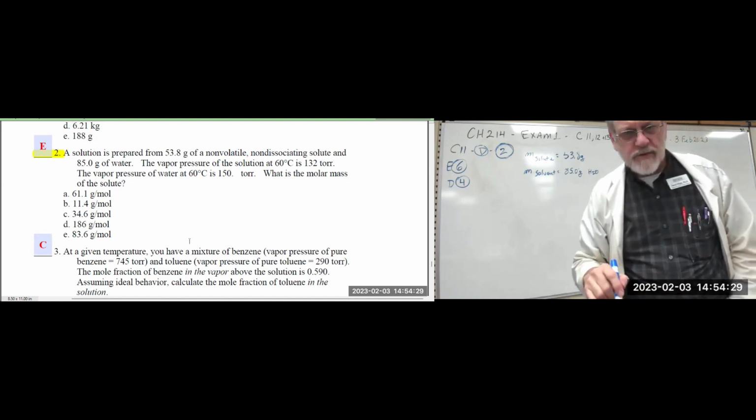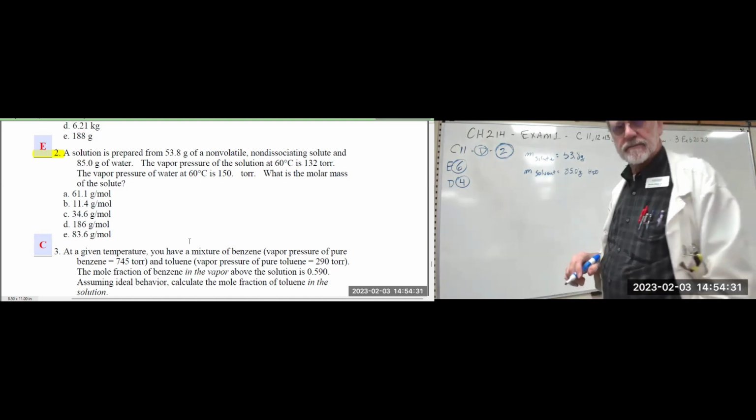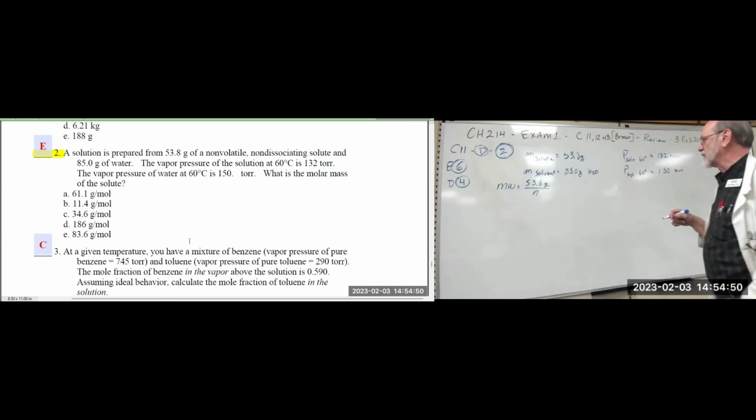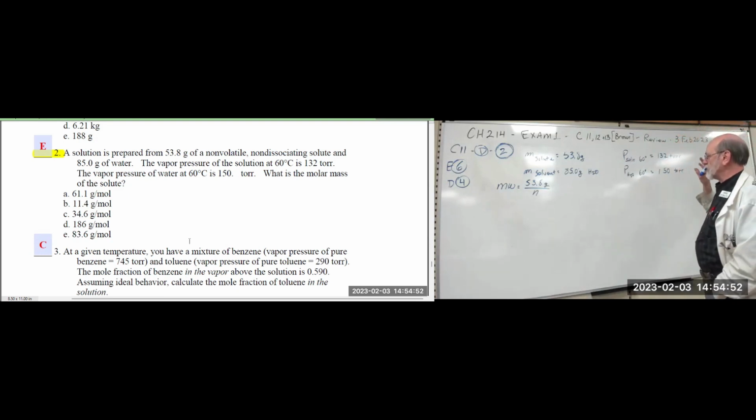Okay, and the question is, what's the molar mass of the solute? So we're looking for the molecular weight of the solute, which would be the mass divided by the moles. We've got the mass already; what we need is the moles. What we're looking at here is a colligative property having to do with vapor pressure.